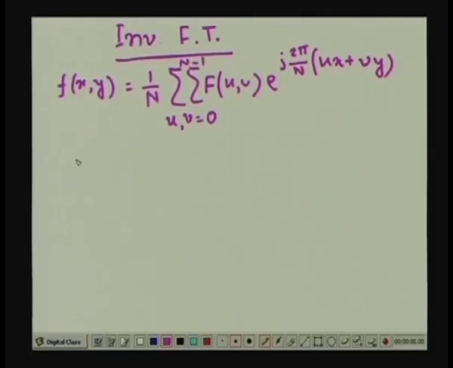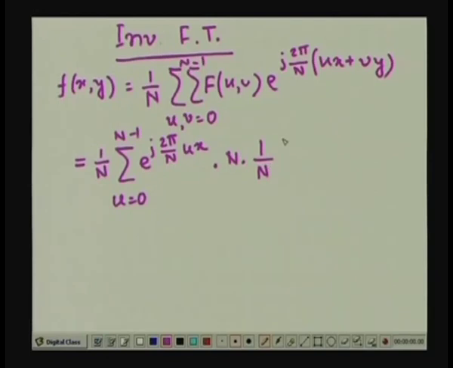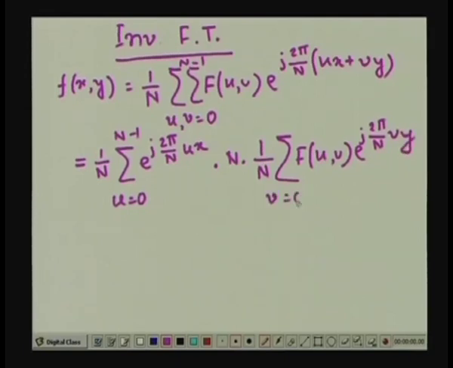In the same manner, I can also break this expression into two summations. The first summation will be e to the power j 2 pi by capital N u x, where u varies from 0 to capital N minus 1, multiplied by n into 1 upon capital N f u v e to the power j 2 pi upon capital N v y, and now v varies from 0 to capital N minus 1.